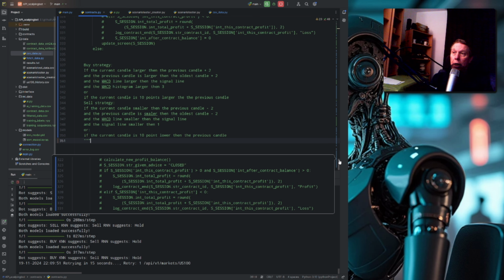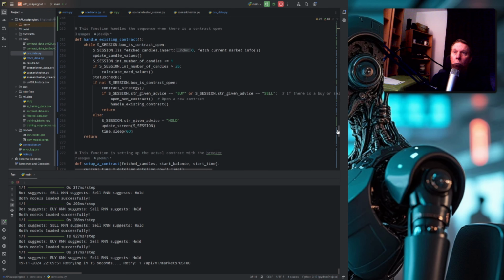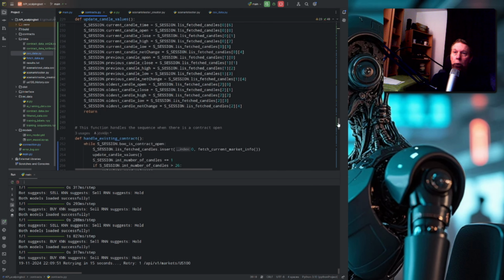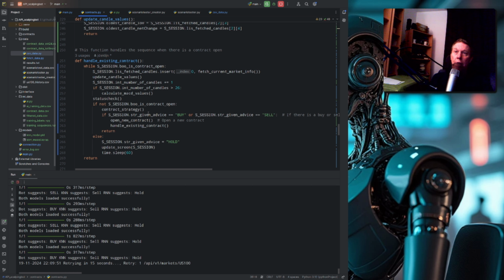So I changed that in the code too, and that I did in, where are we? Handling existing contract. Yes, if an existing contract was open and it was closed, either because of the 10-minute limit, or a stop loss, or a take profit, then it will say there is no contract open.